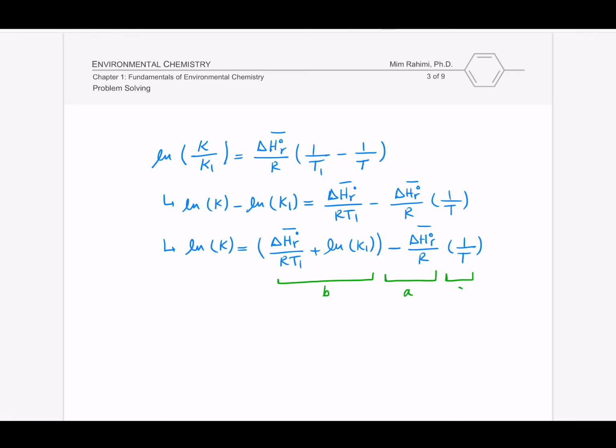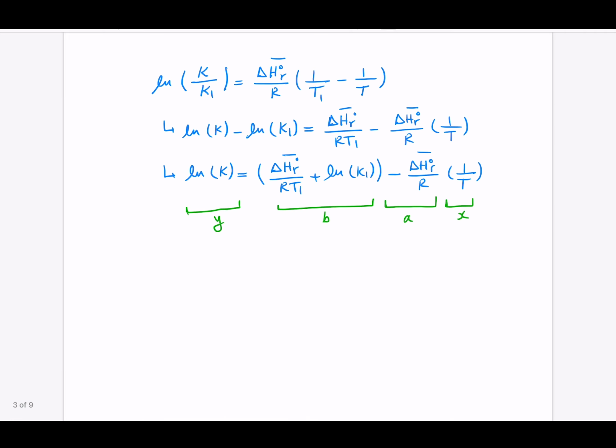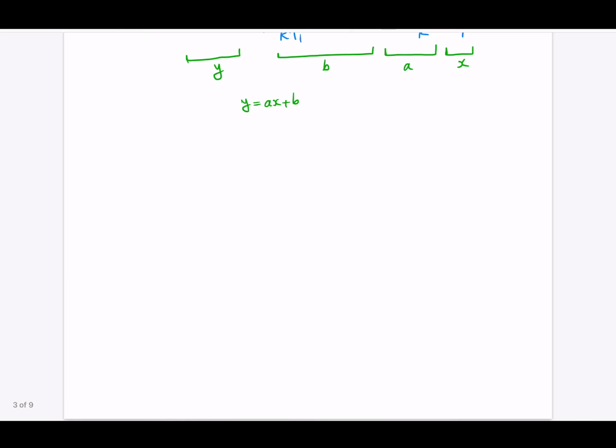So this is our x, and this is our y. So we made it in the form of y equals ax plus b. The only twist we need to do is that the data that we have was T1, K1. Now we need to make that 1 over T1 and ln K.